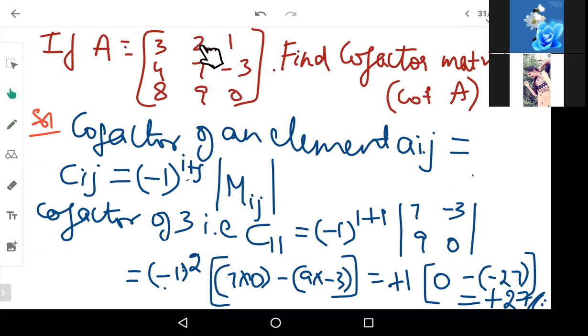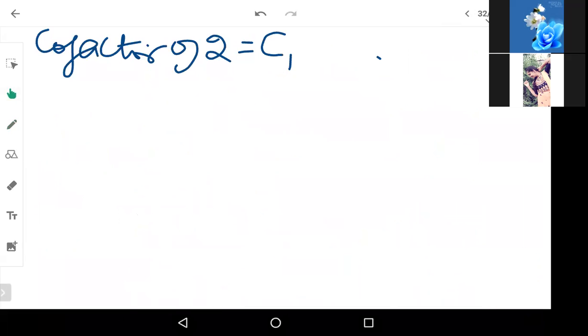Two is in the first row and second column. Good. So -1 to the power of 1 plus 2. First row, second column. Find the minor. What is the minor for 2? Find the minor of 2 and send me the answer.